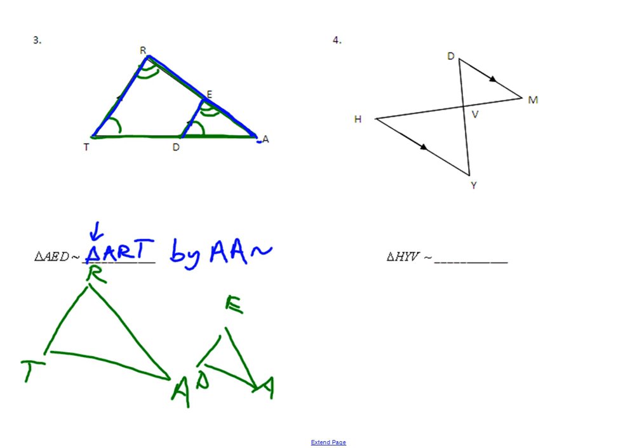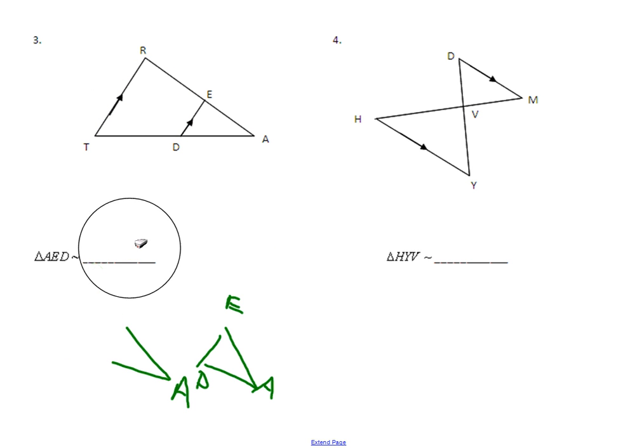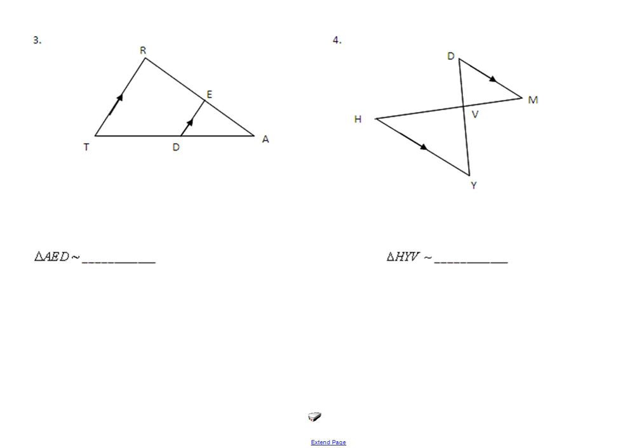You could have, I'm going to erase this. In fact, I'll erase it all. You could have used this angle here, because in the large triangle, small triangle, that angle A right here is the same exact angle, it's just on top of itself. So I know that's congruent to itself. And then I could mark whatever other angle I want to use, this one, and do the same thing.